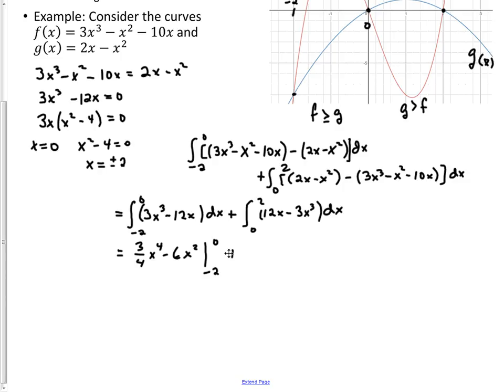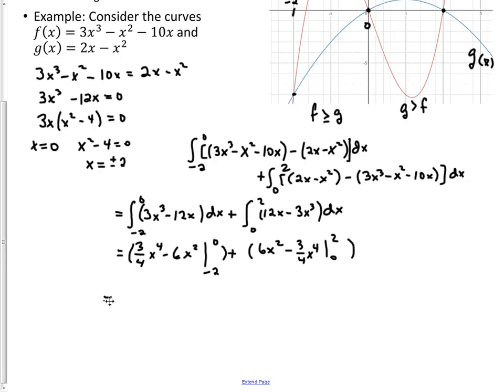And we're going to be adding to that the quantity that we get if we evaluate 6x squared minus 3/4 of x to the fourth on the interval from 0 to 2. Okay, so this is a matter of making a couple of substitutions in here. And I'll note that whenever we put in 0 in both of these terms, we're just going to get 0. So it's going to boil down to what happens with these negative 2's and 2.